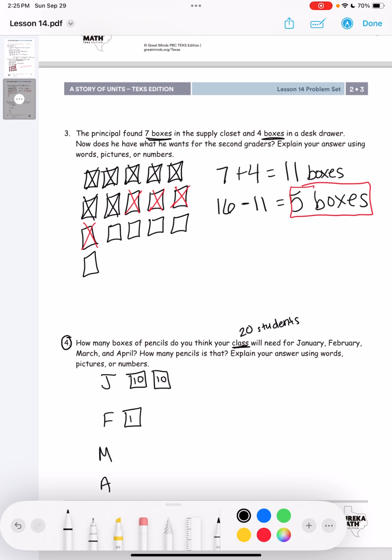So that's a total of 2, 4, 6, 8 boxes. So I need 8 boxes of pencils, which is 10, 20, 30, 40, 50, 60, 70, 80 pencils. So our class would need 8 boxes and 80 pencils for those 4 months.